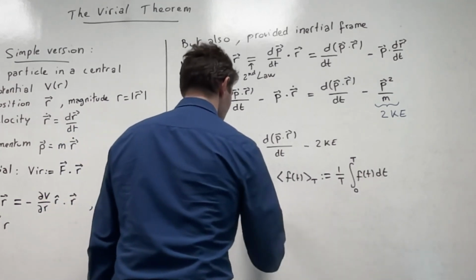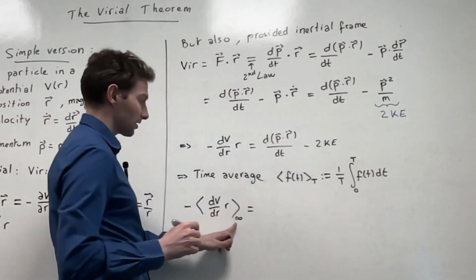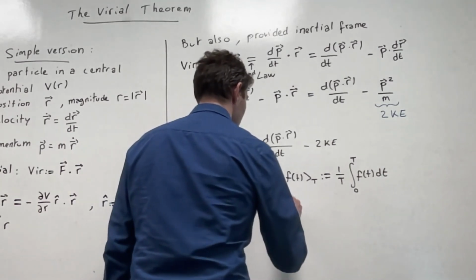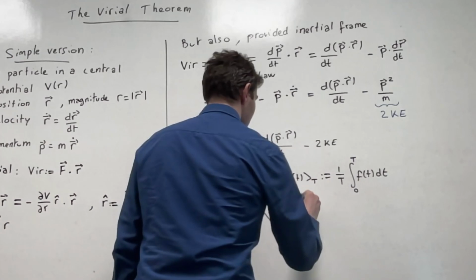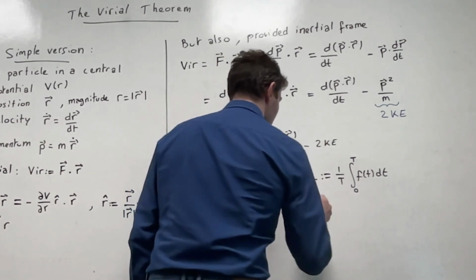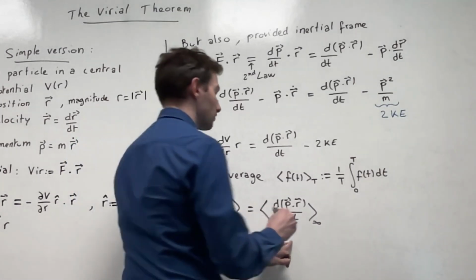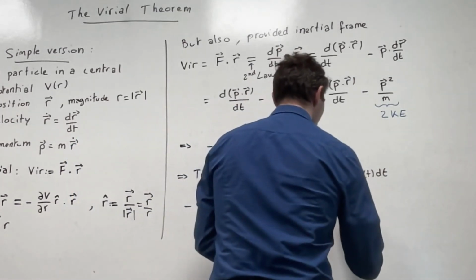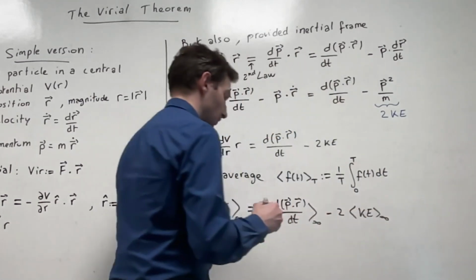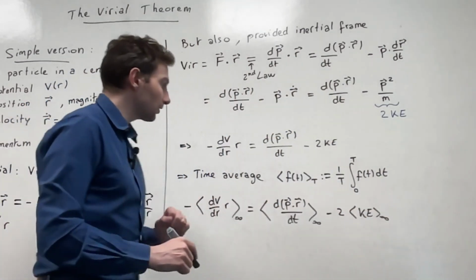That's equal to, and here I'm going to say this is the infinite time average, d of p dot r over dt. So that's again an infinite time average, and then minus twice the infinite time average of the kinetic energy.